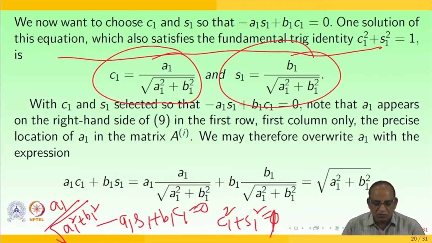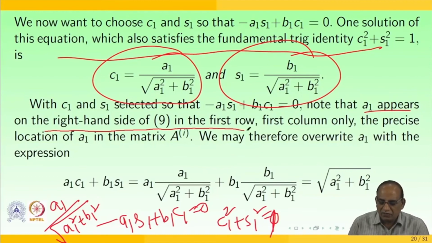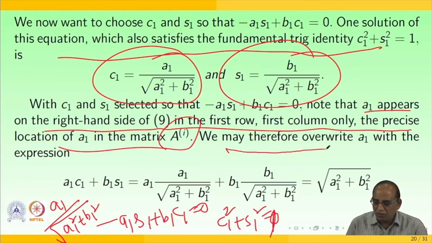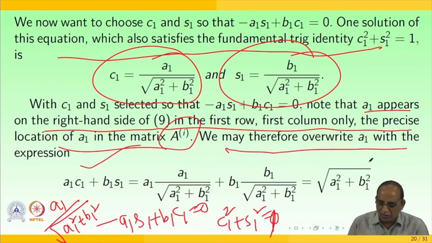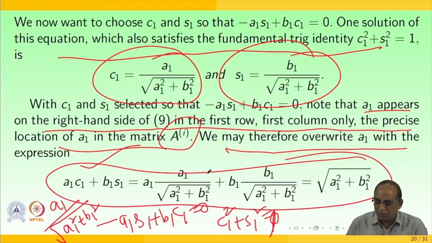With C1 and S1 selected so that minus A1 S1 plus B1 C1 is equal to 0, note that A1 appears on the right hand side of equation 9 in the first row, first column only. The precise location of A1 in the matrix Ai, we may therefore overwrite A1 with the expression like this. This is the matrix, you do get it.